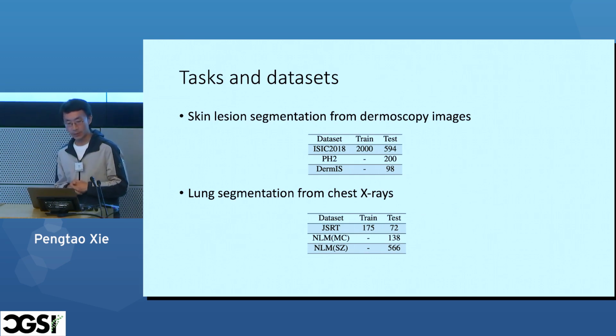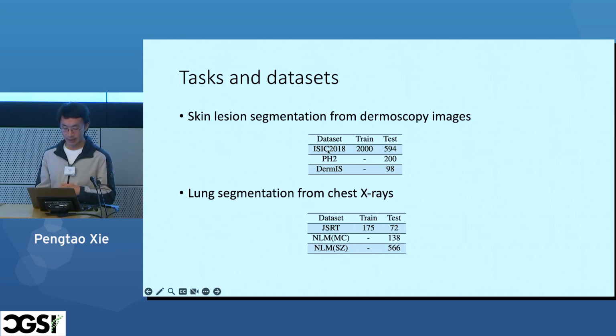Okay, now I'm going to present some results. We conducted experiments on 2 tasks. One is skin lesion segmentation from dermoscopy images. Here we have 3 data sets. On ISIC, we have a training set and a test set. The model is trained on the ISIC training set.